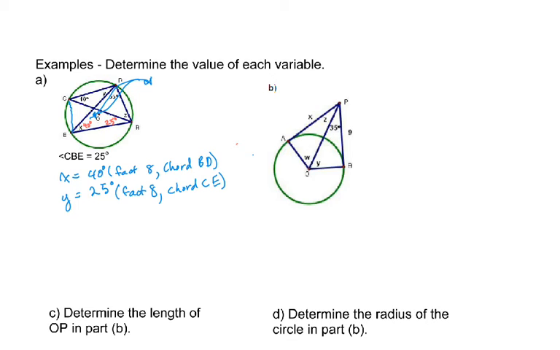Now, on that triangle, fish would equal 180 degrees minus 40 degrees minus 25 degrees, which equals 115 degrees. Now, you know that every straight line has a total of 180 degrees.